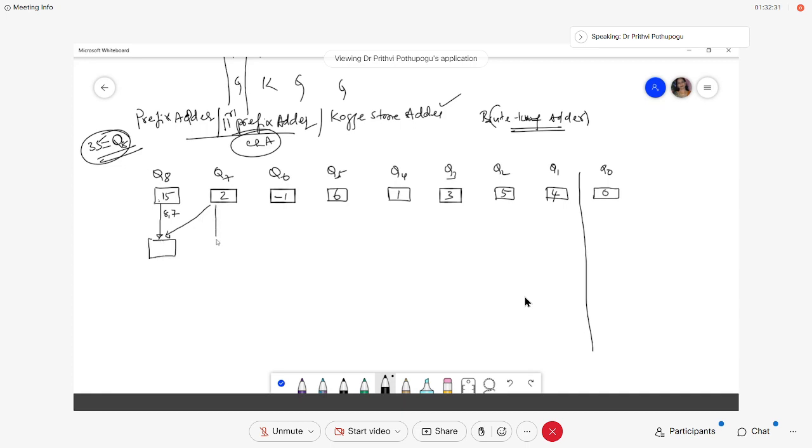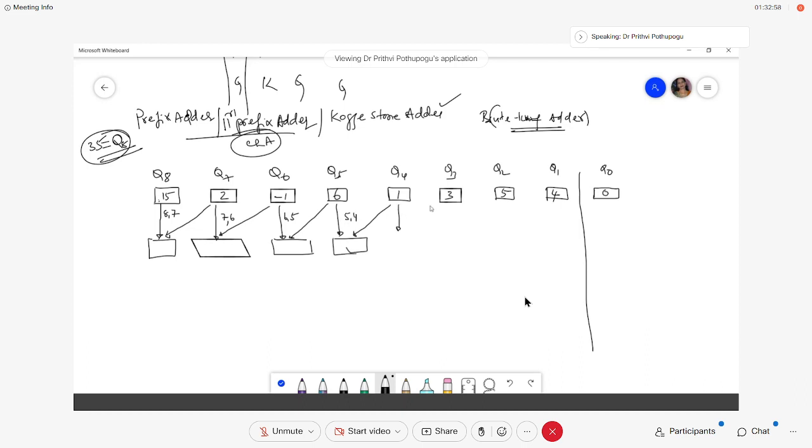And Q7 stores Q6 and Q7 added, so 7 and 6. And 6 will be storing 6 and 5 value. This will be storing 5 and 4 value.